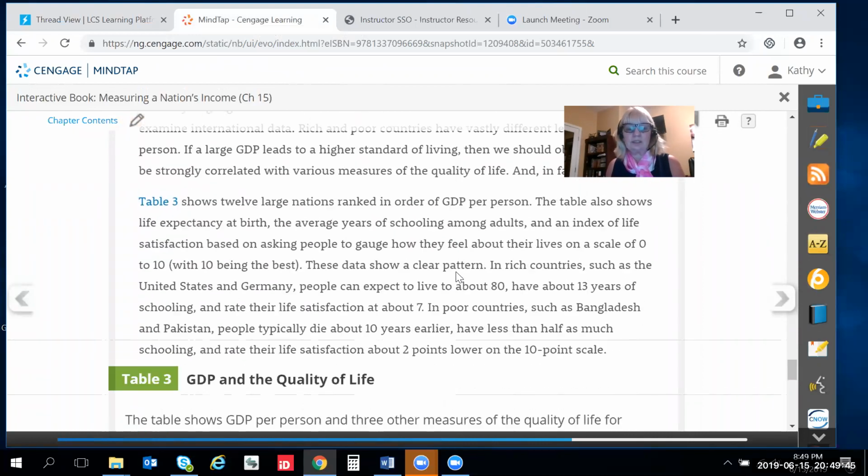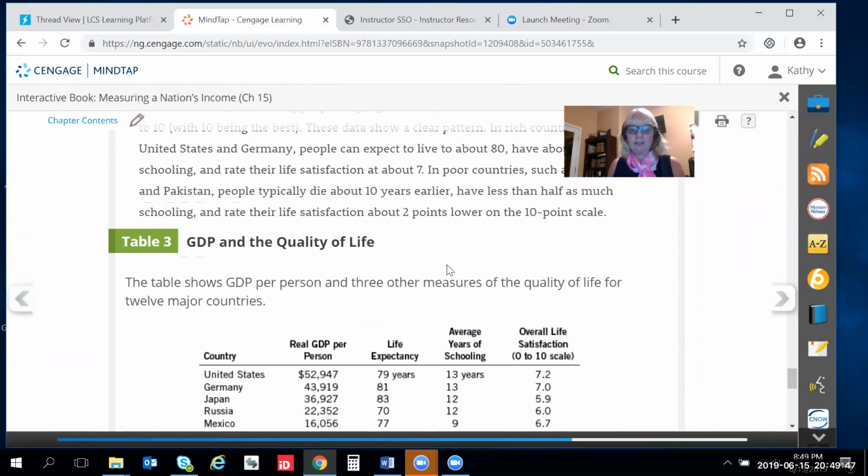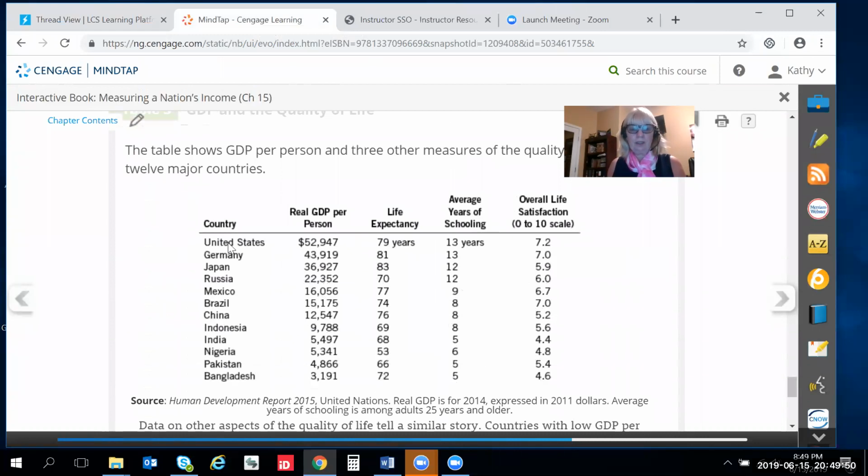And so this will discuss a lot of the issues there. And this gives us the GDP per person. There's a total GDP, total market value of all goods and services produced within a country within a given period of time. And then there's the per person or per capita GDP, which is just GDP divided by population.